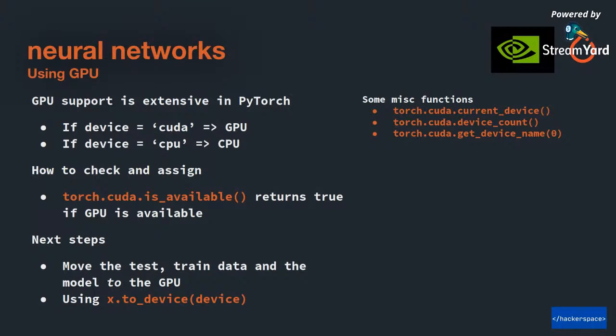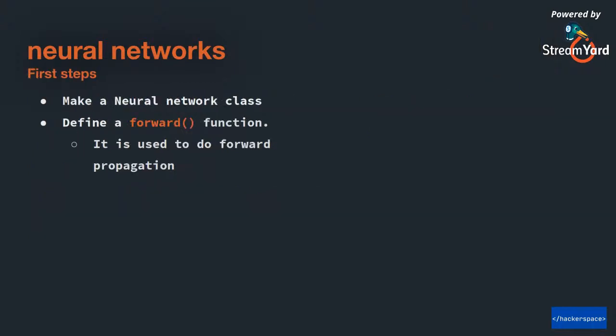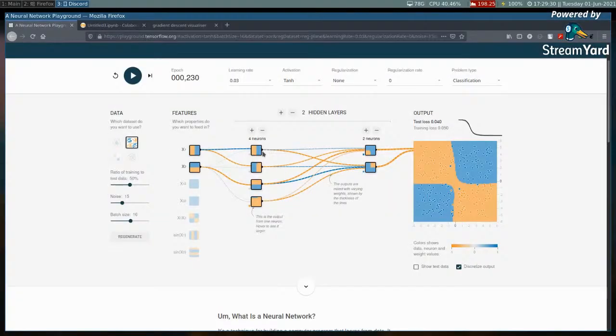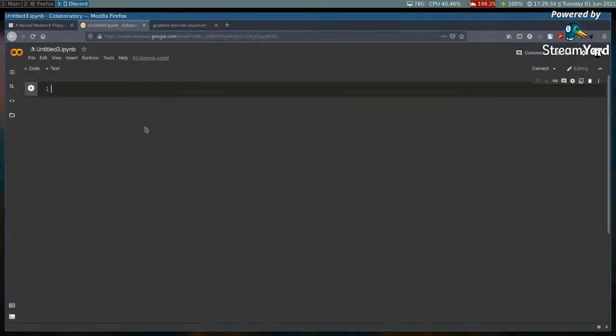Getting back to this, the first thing we need to do to make a neural network is to define a class, right? Now let's get our hands dirty. I hope you guys have your Colab open. I want you to go ahead and open a Colab notebook, called Artificial neural network.